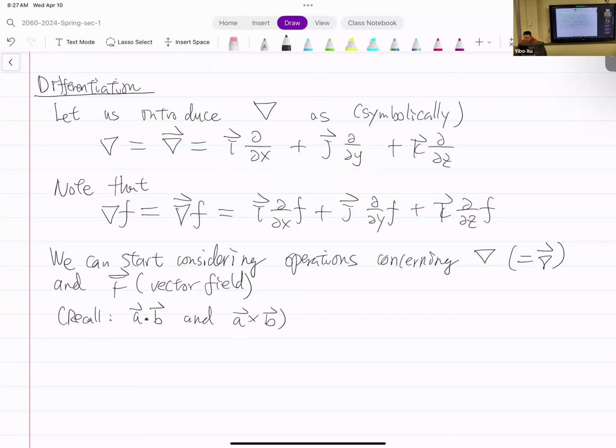And now here, nabla is a vector of operations, okay, differentiation operations. And the vector field is a vector of component functions, okay, so they are somehow different in concept, but they have the vector form. So we are able to define certain things based on the structure.